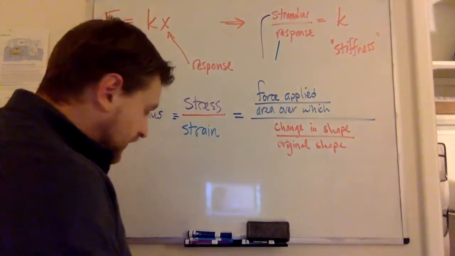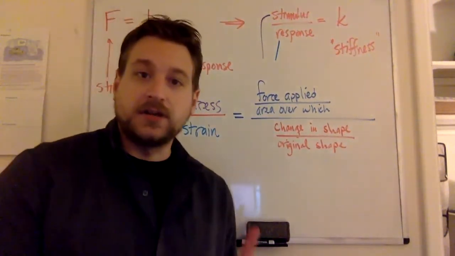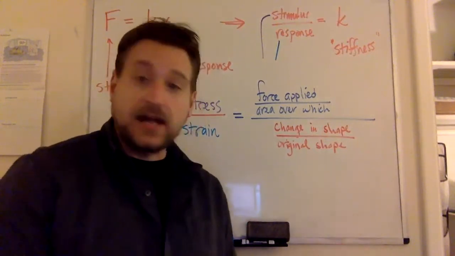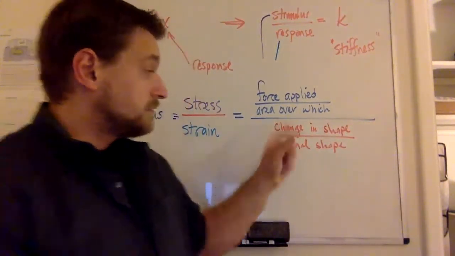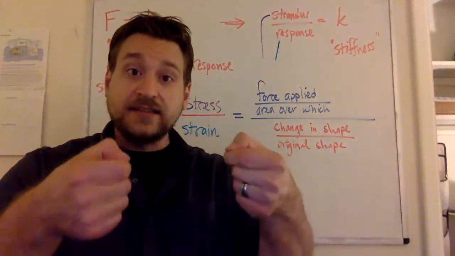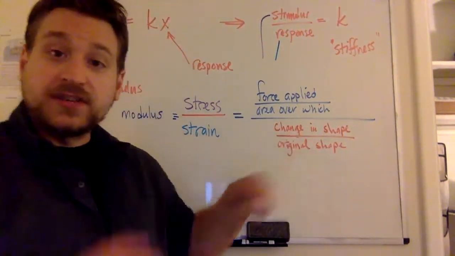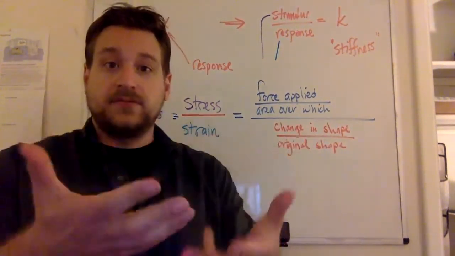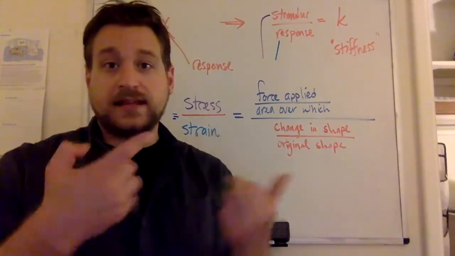Strain is the fractional change in the relevant measurement of the object. So again, in the case of the rubber band, the rubber band stretches some additional length. That change in the length compared to the original length that it had, that fractional change relative to the original length, that's strain.